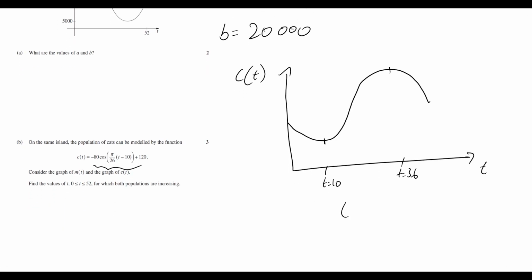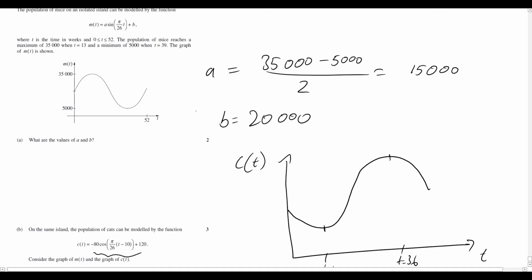So for the cat population, it's going to be when t is greater than or equal to 10, or less than or equal to 36. Okay, perhaps we shouldn't actually say equal to, as that would have a gradient of 0, so we should probably just leave it as less than and greater than here. So now we have our range for the cat population.